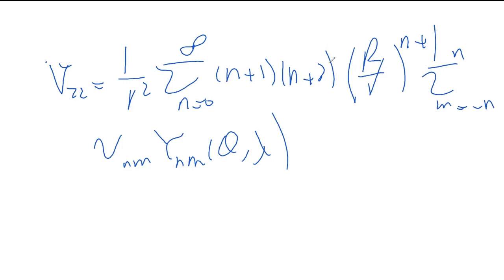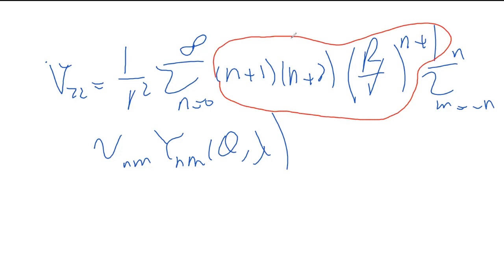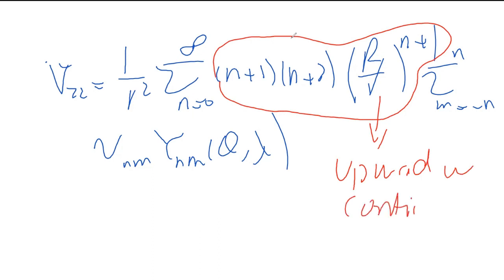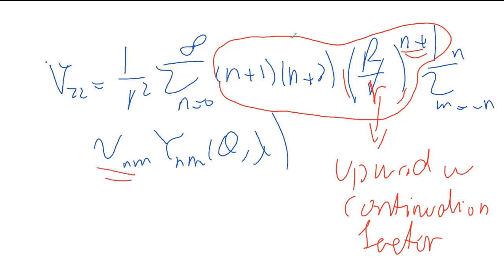As you see here, we have a term, which is the upward continuation factor, or damping factor. We had already discussed that when r is larger than R, this ratio will be smaller than 1, and when it gets power n, it gets smaller and smaller. When it is multiplied by Vnm, it will kill high frequencies.